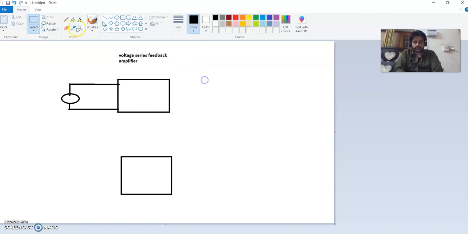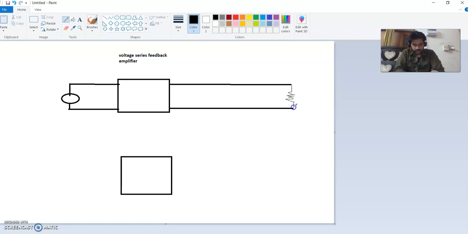Right. So I am going to take the output, and also in the output I am going to take a load, a load resistor, right?